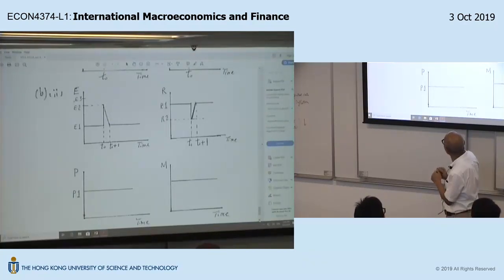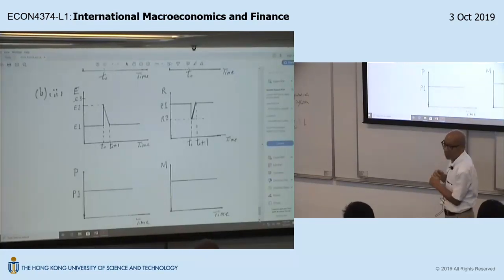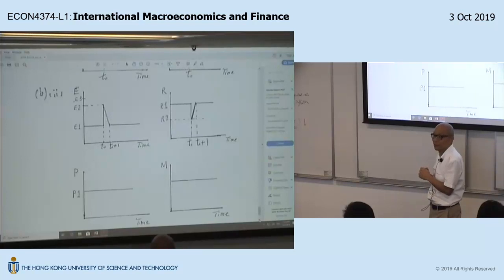This is discrete time, so both are okay. If you're in the exam, it doesn't matter as long as you tell me that it's a one-time increase and then going back in the next period. That's fine.